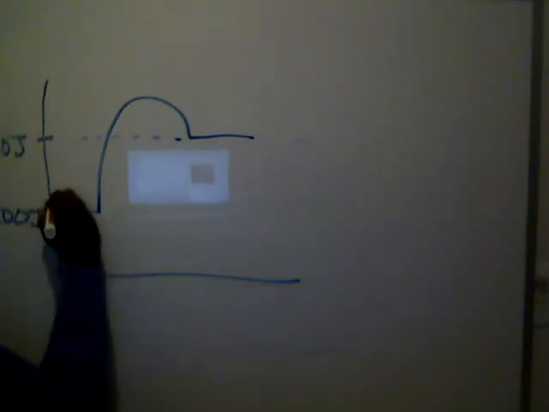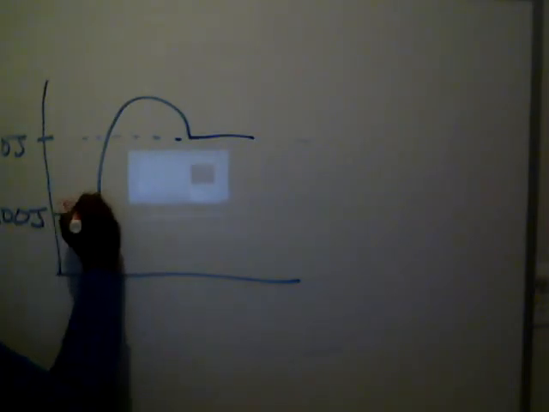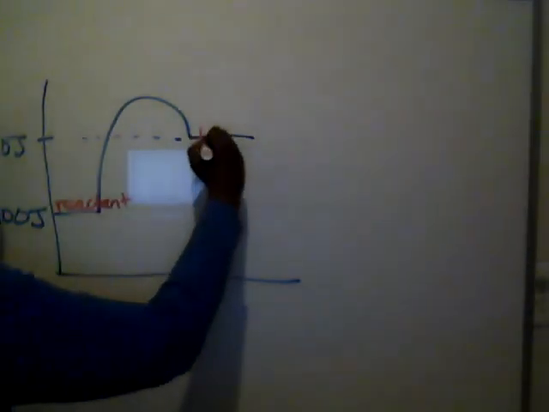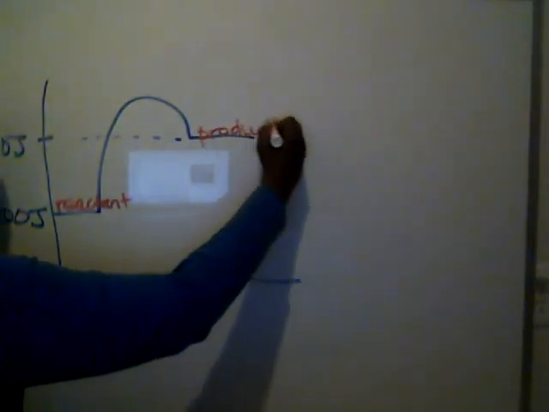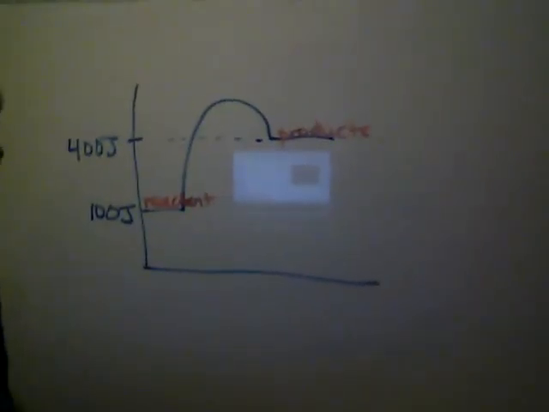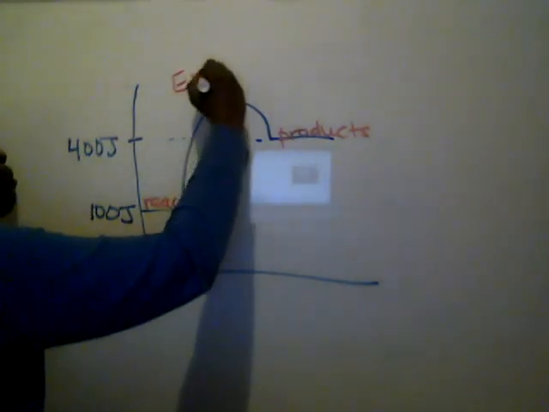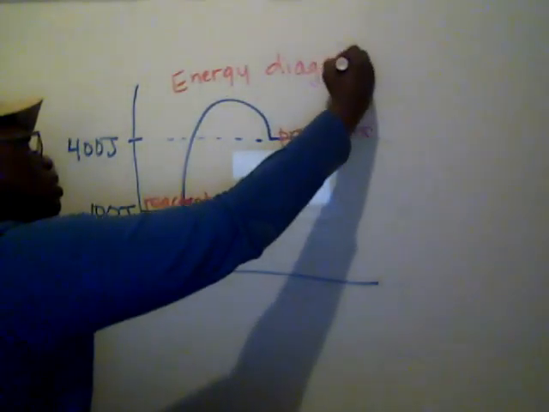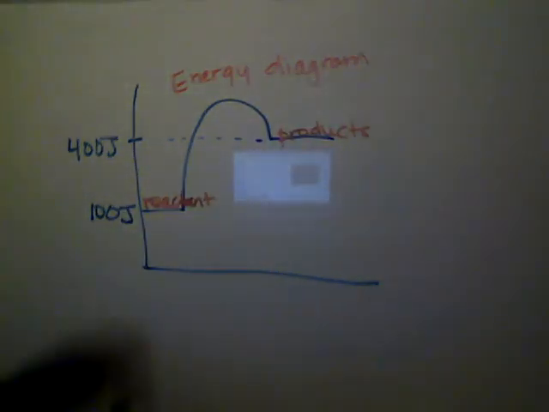Let's say these are our reactants, and these are our products. Okay, so remember these energy diagrams. Okay, this is the energy diagram. So let's talk about what this means.